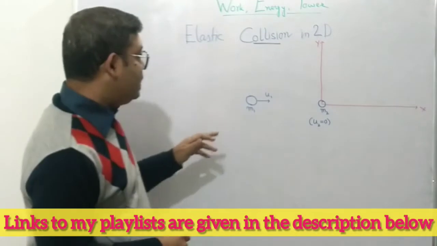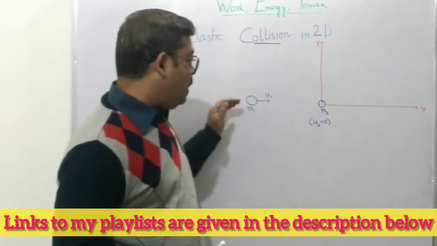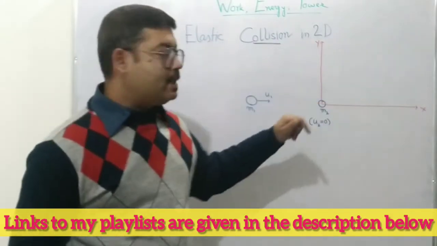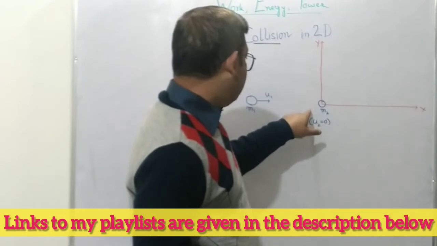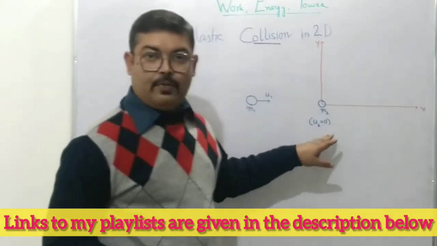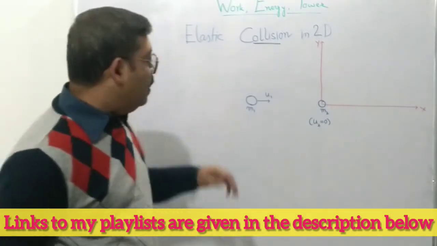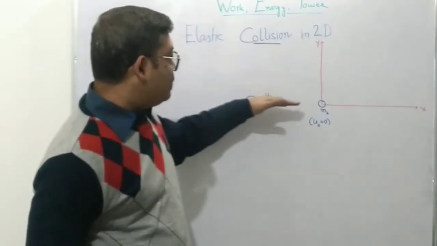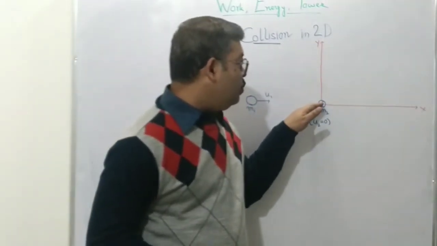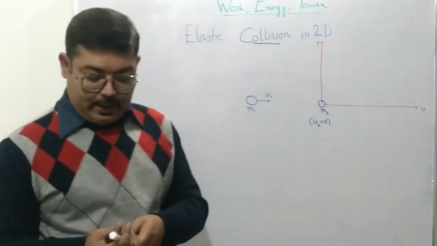Now here what happens is that, let's say a body of mass m1 comes along the positive x-axis, it moves towards the positive direction of x-axis, and another mass of m2 is stationary. For simplicity, we'll take it as a stationary object. Let's say it's at the origin. So when the first mass comes and hits the second mass, the two masses now do not move along the positive axis, rather they move in 2 different directions.